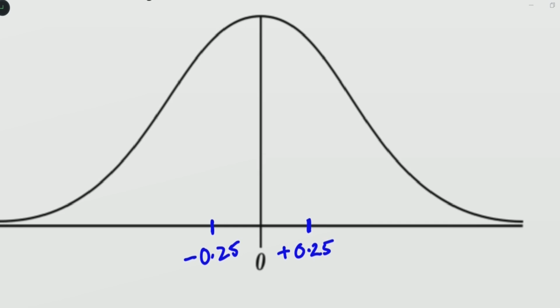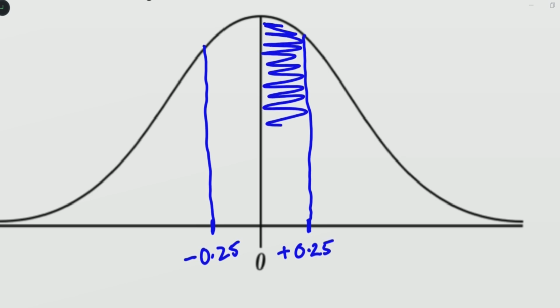So the point is, I would just draw this over here and over here, and what will be known to us is the area from 0 to Z. So look at this, this is the shaded area, which is area from 0 to Z.